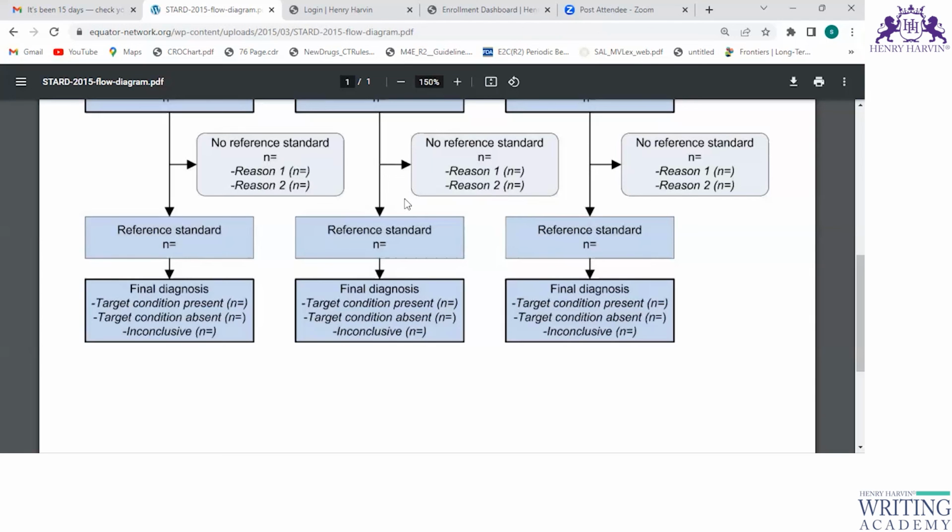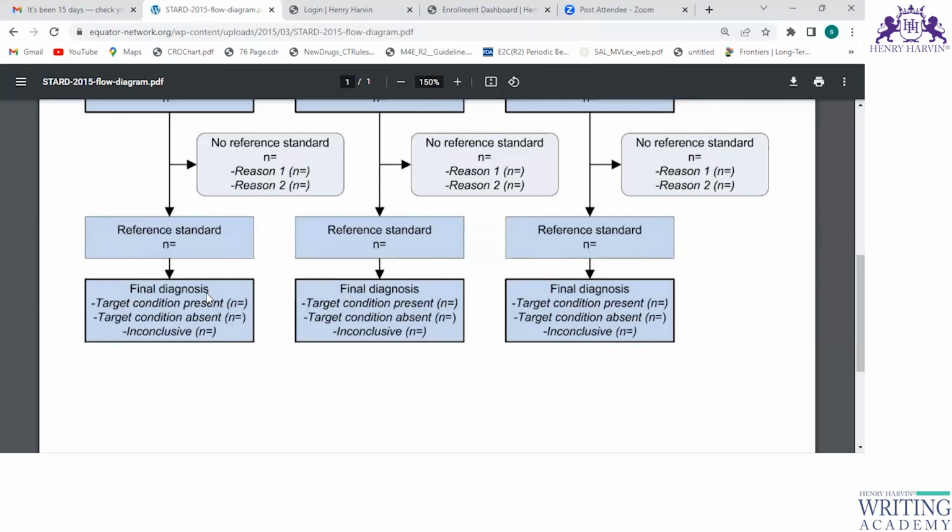Then you can write the reasons also why they have not been subjected to the reference standard. And for all these three groups, you have to write the number of participants who are subjected to the reference standard. This you have to report for all three groups.